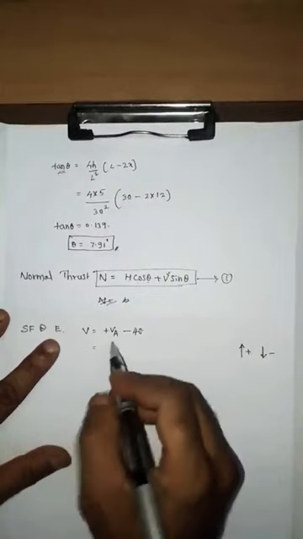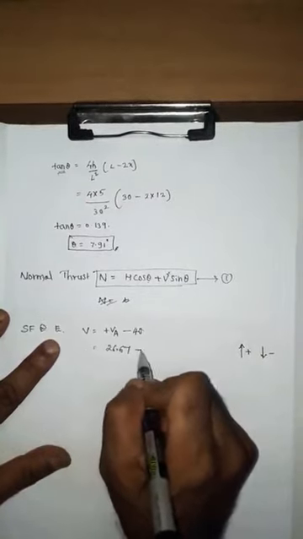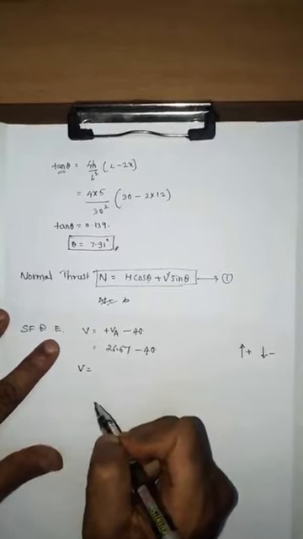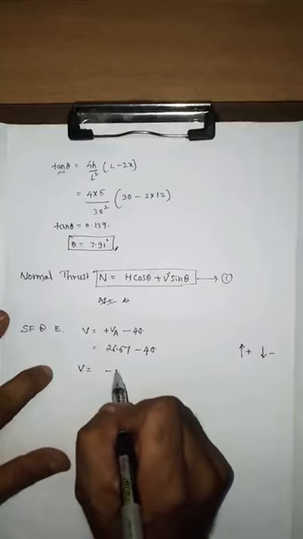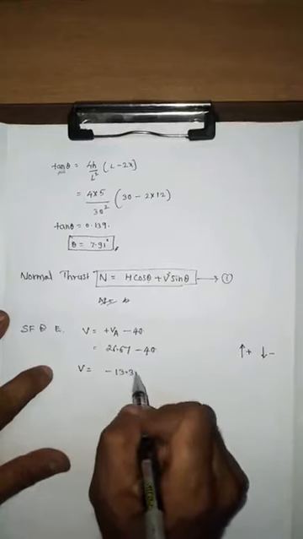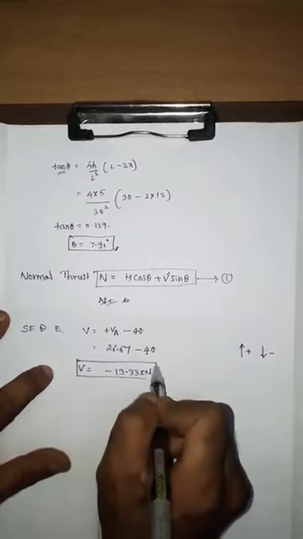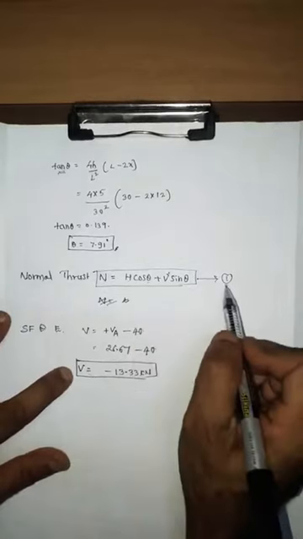So V is equal to, VA is 26.67 minus 40. So we can find out shear force at E, V is equal to minus 13.33 kilonewton. This is the shear force. Now substitute the value of V and theta in equation 1.